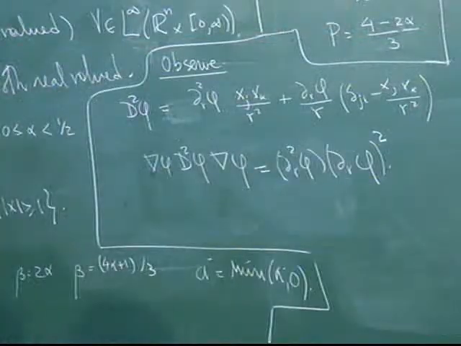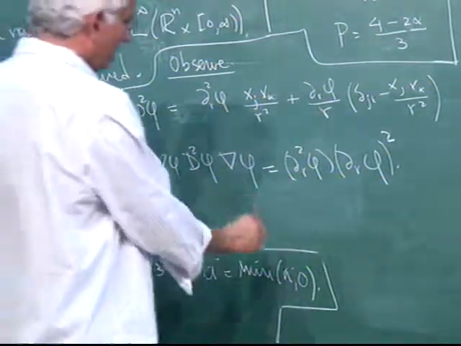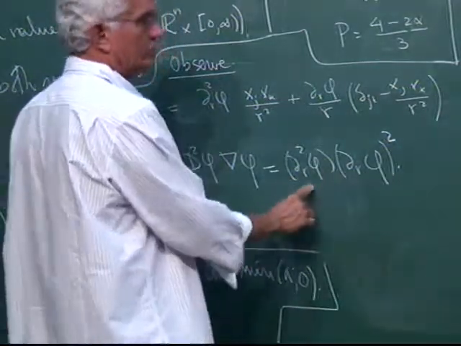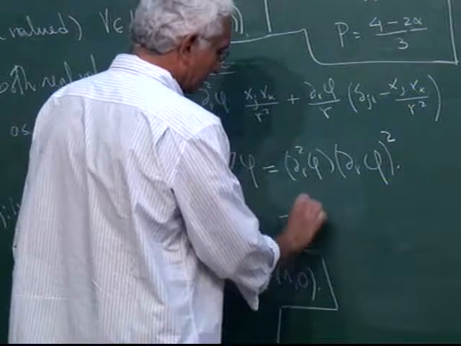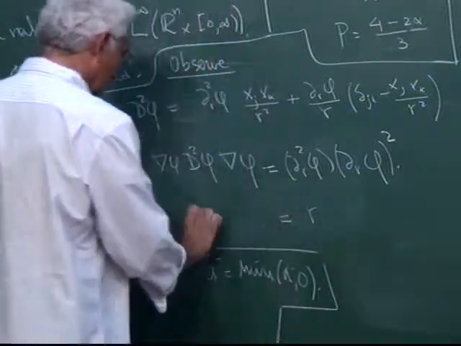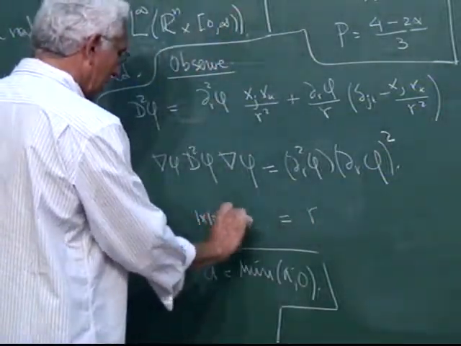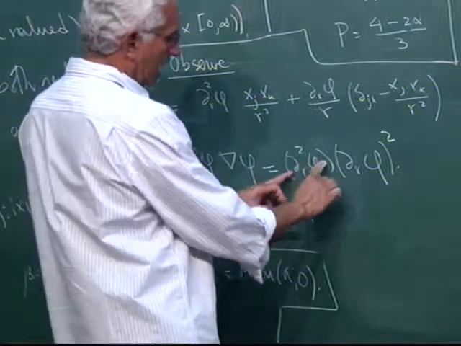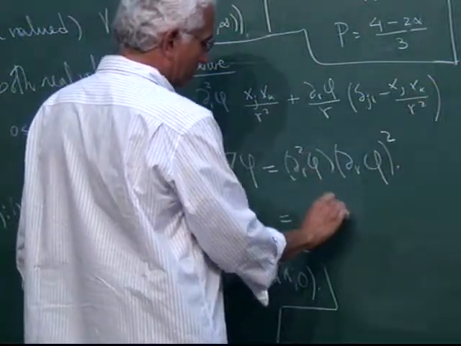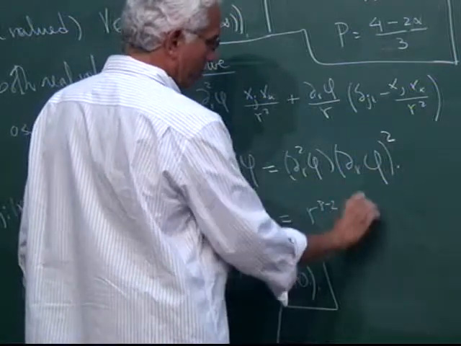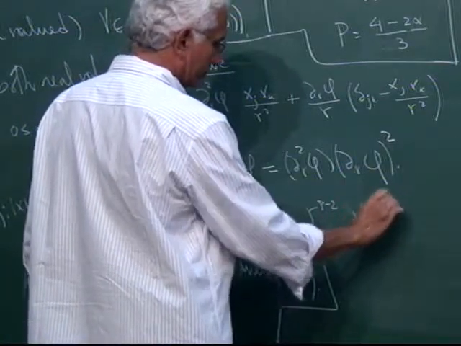Is that okay? Okay. Now, how big is this expression? This is r to the p, and now we are okay. This is like for x equal to r larger than 1. This is r to the p, but you take 2 derivatives. This is p minus 2. This is r to the p minus 1, but you multiply by 2.